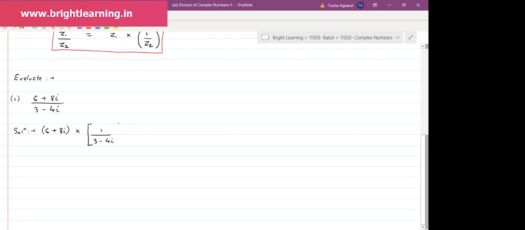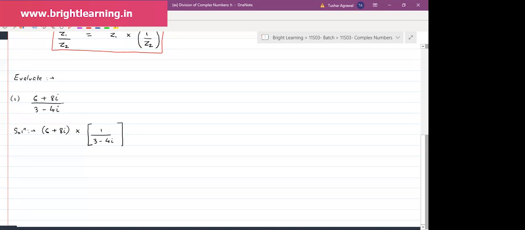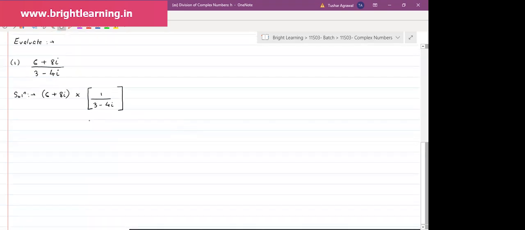Now for the multiplicative inverse of the second complex number, my memory is very low, I will not remember the formula. Instead, the trick I told you: this is 1 upon 3 minus 4i.